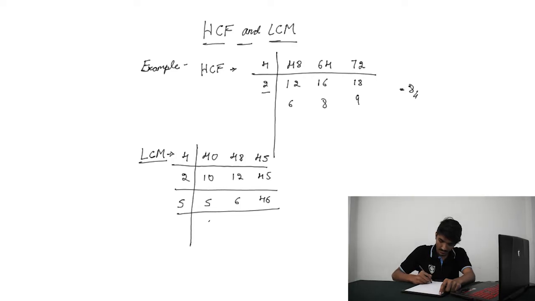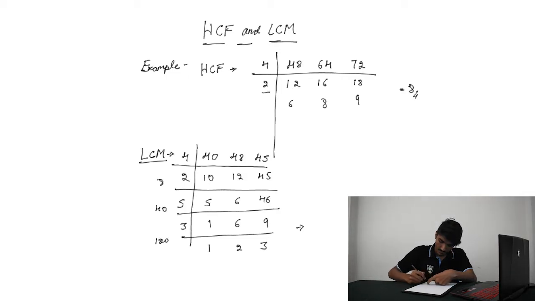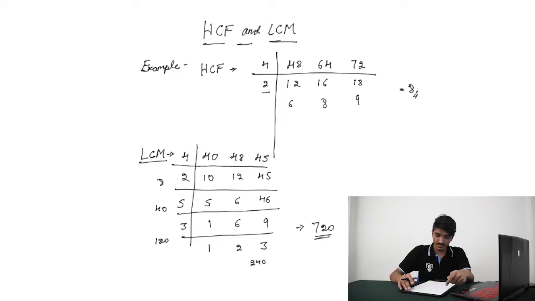Dividing by 5, it's 1, 6 and 9, and then by 3, it's 1, 2 and 3. To get the LCM, multiply all the numbers on the left hand side, that is 4, 8, 40, 120, 240 and 720. So the LCM will be 720.